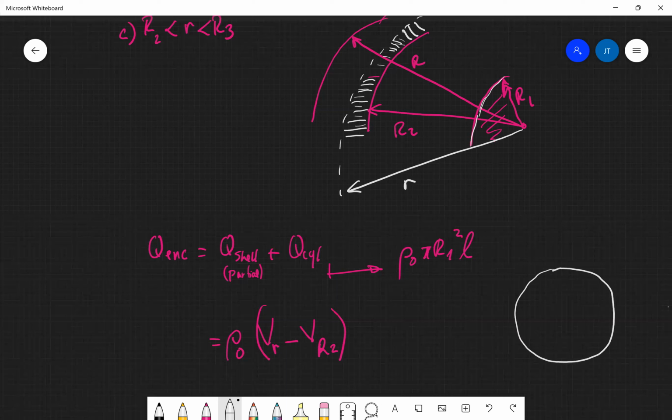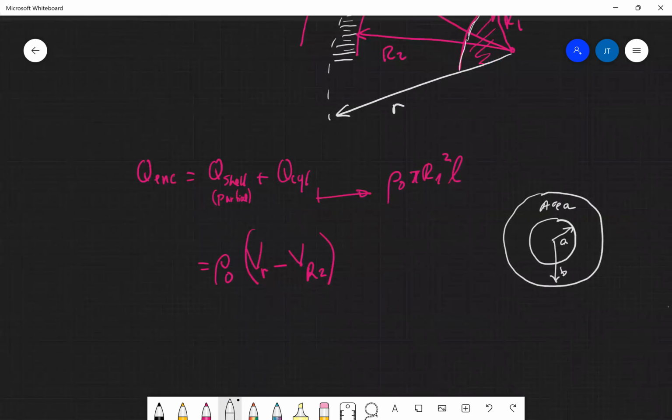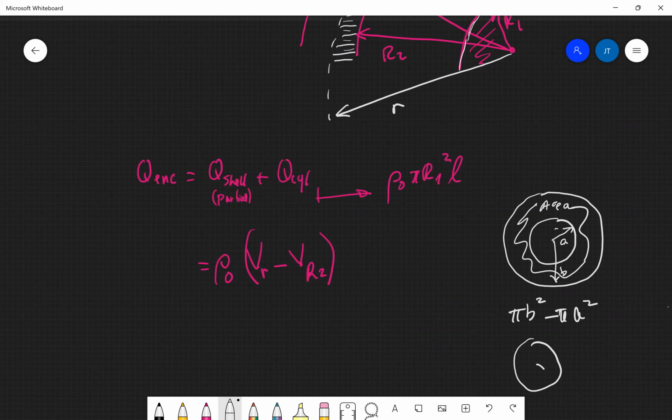If the hole has a radius A, the circle has a radius B. Well, you could get the area of the circle of radius B, take away another circle of radius A, and that's the area right here. So it's a circle of radius B minus another circle of radius A, and that will give you that shaded region.